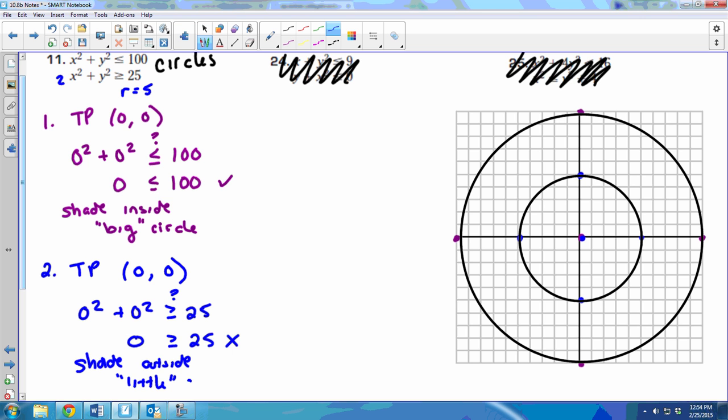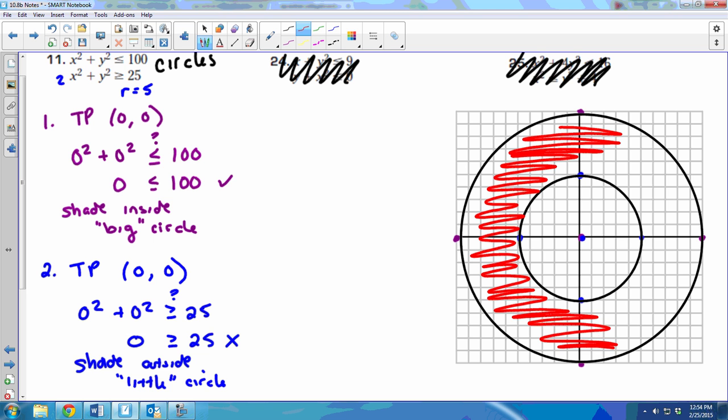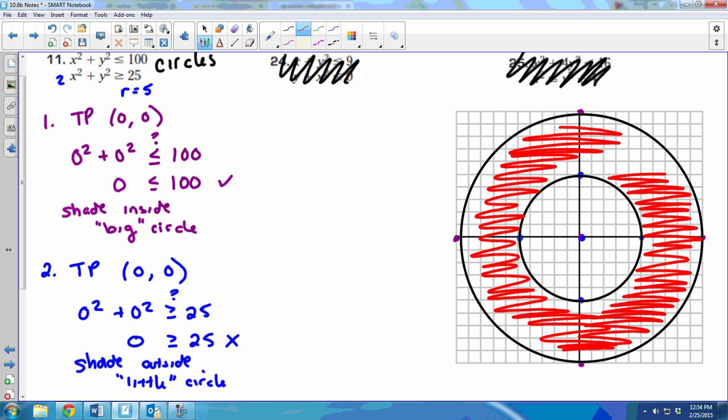And so in this case, where does that shading overlap? If you're shading inside the big one, outside the little one, it's the donut, right? So this is where you would shade. Inside the big circle, outside the little circle.